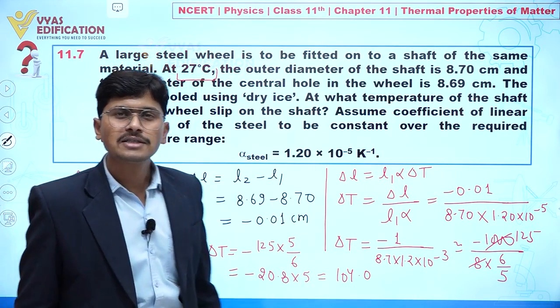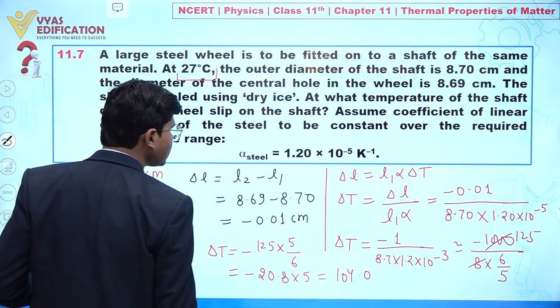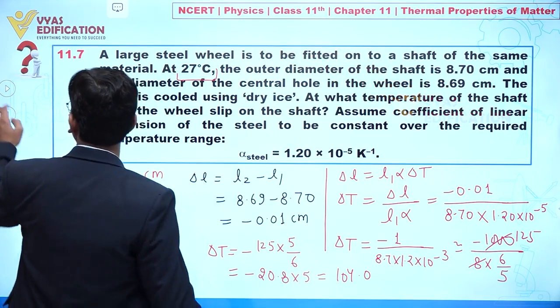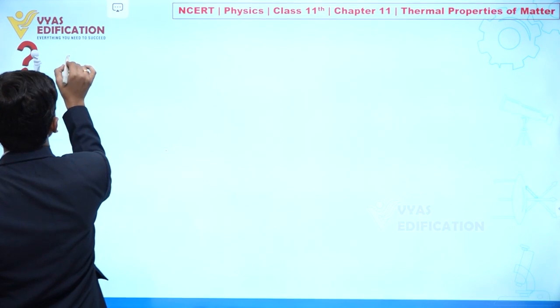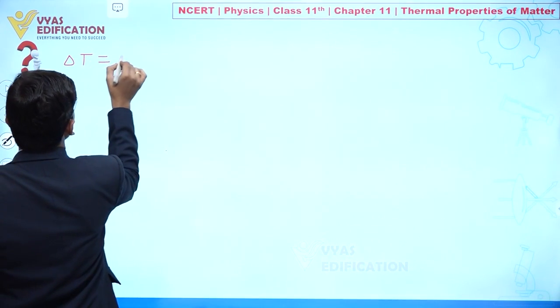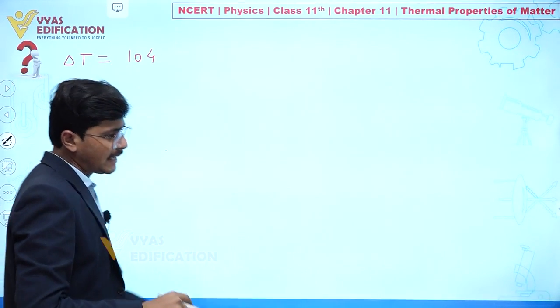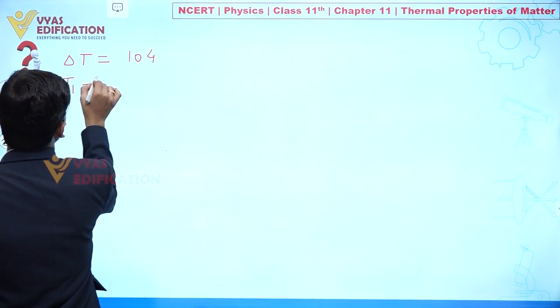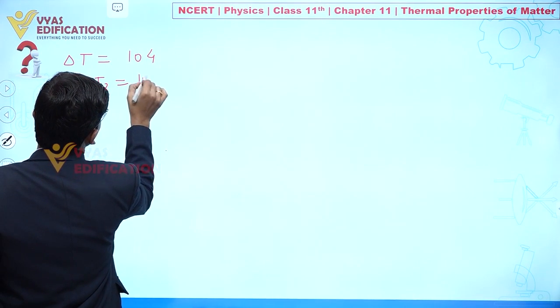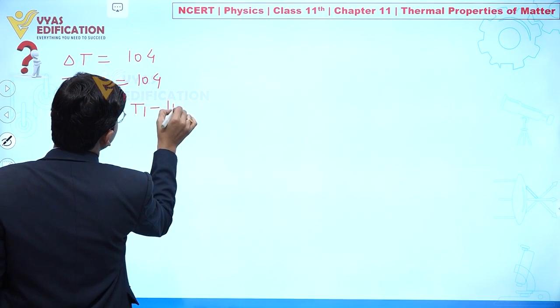Actually here we write L2 minus L1. Dear students, if I write this expression, delta T is near about 104, because we are decreasing the temperature. So definitely T1 minus T2 should be equal to 104, and from here T2 equals T1 minus 104.